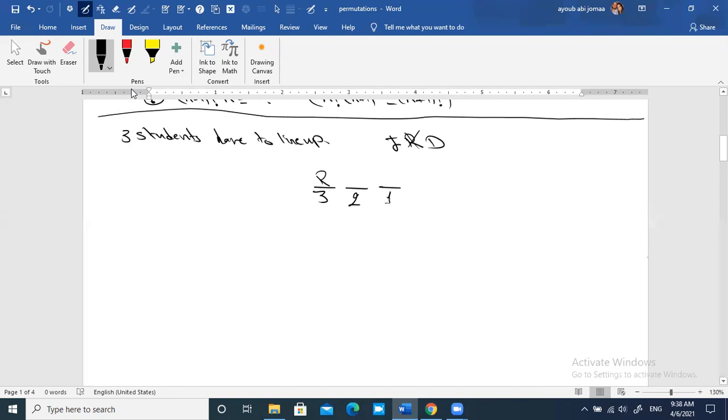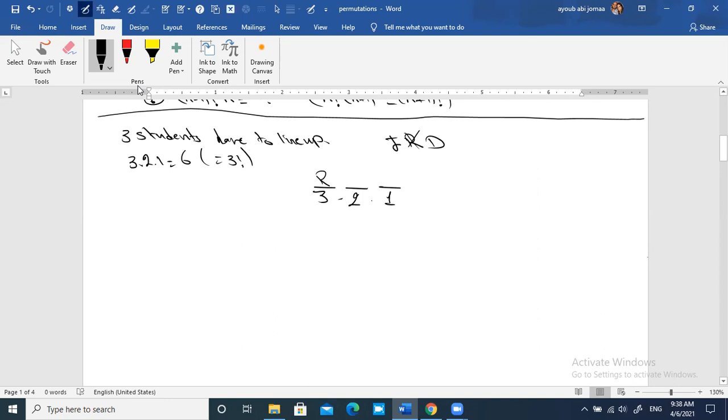One choice. I multiply them. So it is 3 times 2 times 1, which is 3 factorial, equal to 6. The number of ways 3 students can line up or sit in a row is 3 factorial ways, which is equal to 6.